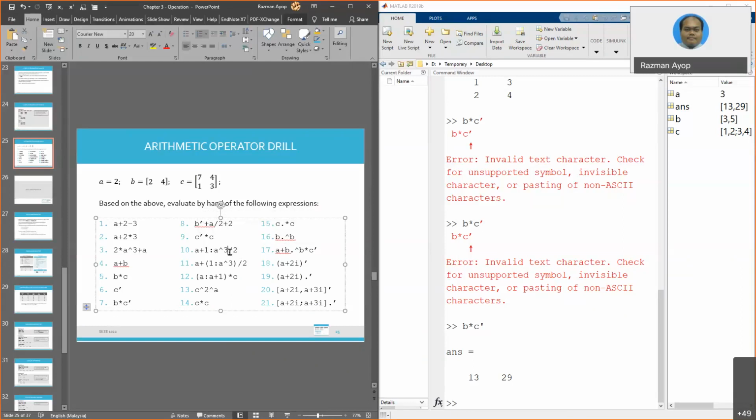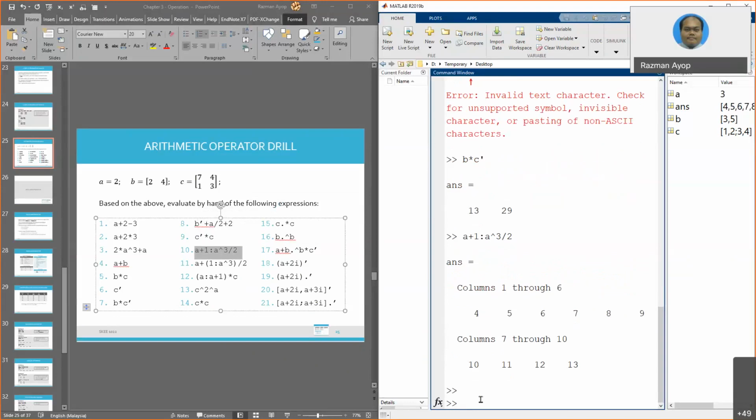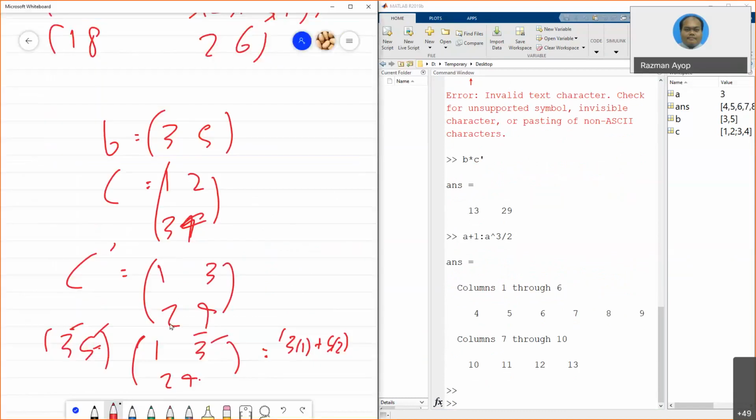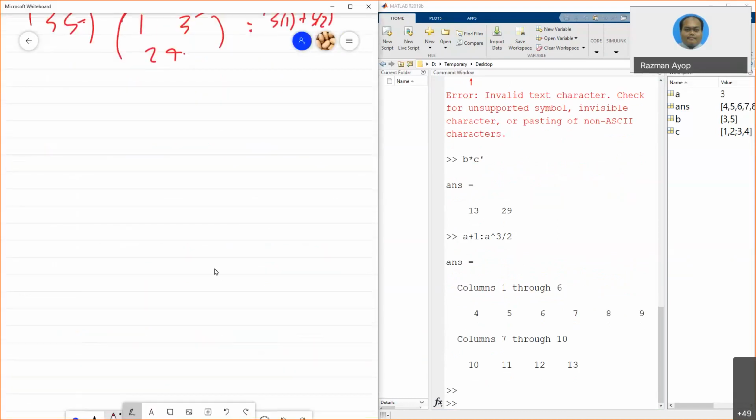Okay, for this one, so you have A plus 1. So A equals to 3, A plus 1 is 4.